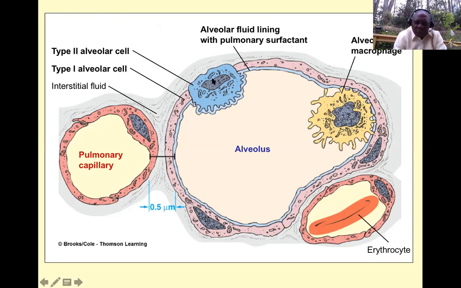Type 2 alveolar cells produce a fluid that's called pulmonary surfactant. We shall come to that. This is a very important fluid that makes it easy for us to breathe.